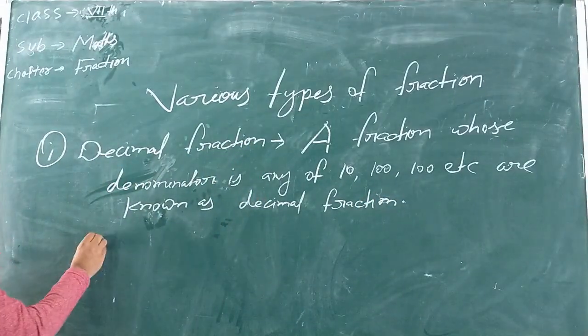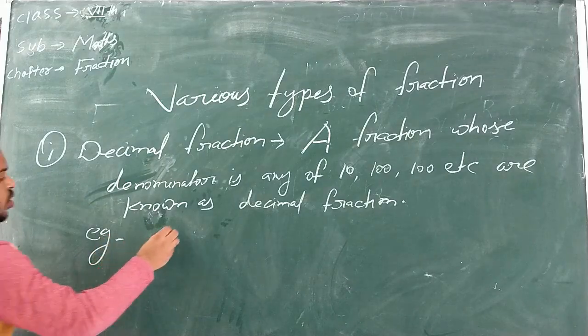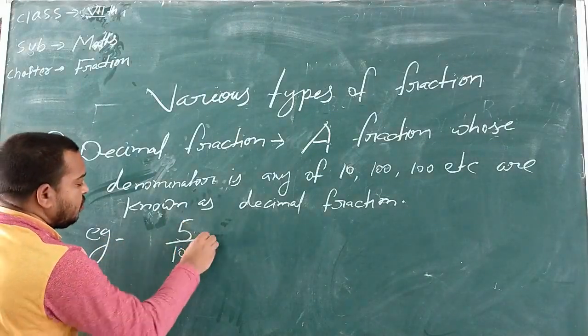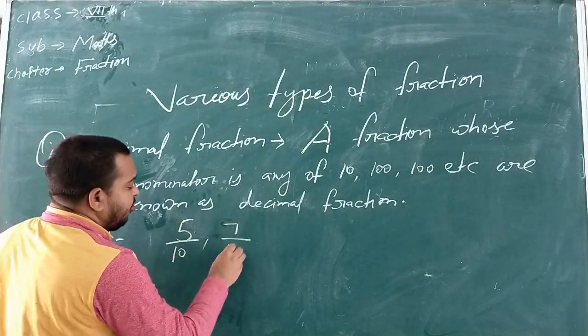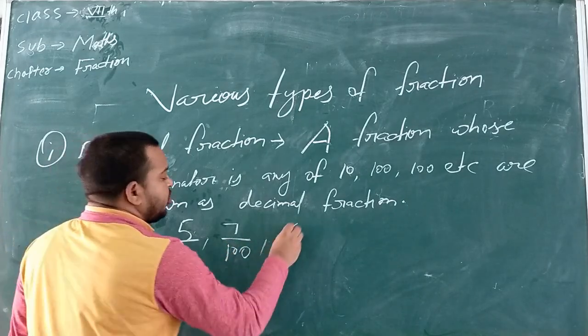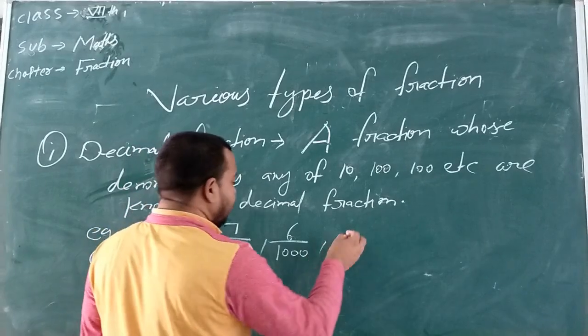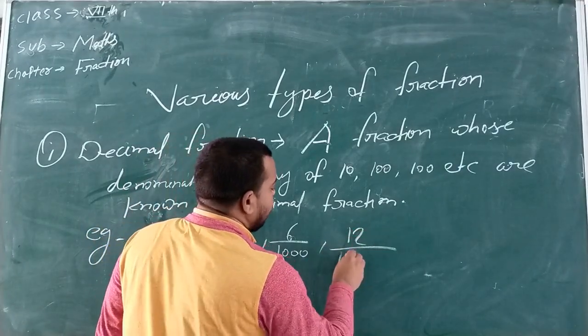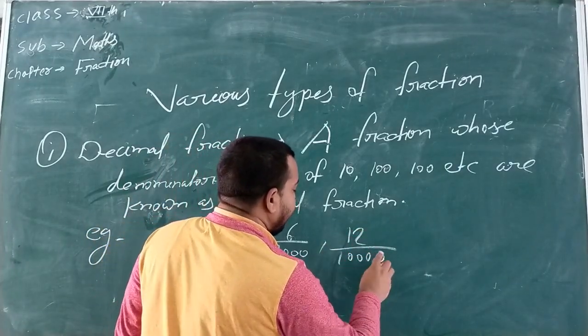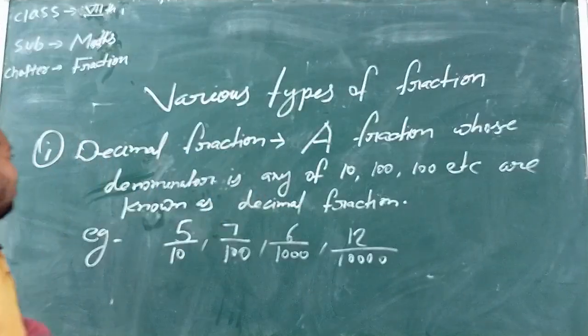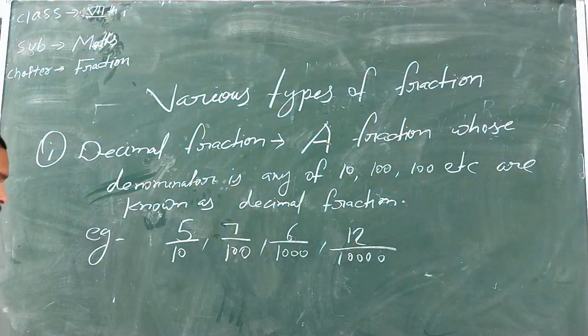For example, 5 by 10, 7 by 100, 6 by 1000, or 12 by 10,000 are examples of decimal fractions.